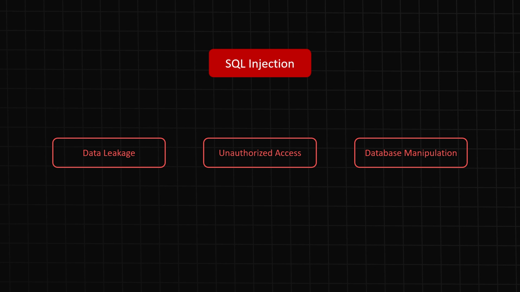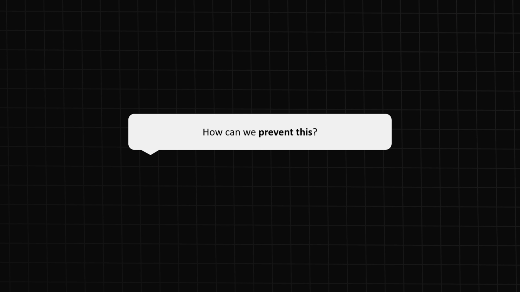There needs to be some filtration or some checks before attaching it to the query. And it raises a question: how can we make sure the user input is treated only as data and not as SQL code? In simple words, how can we prevent this?